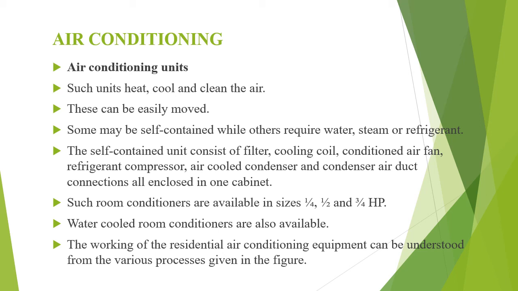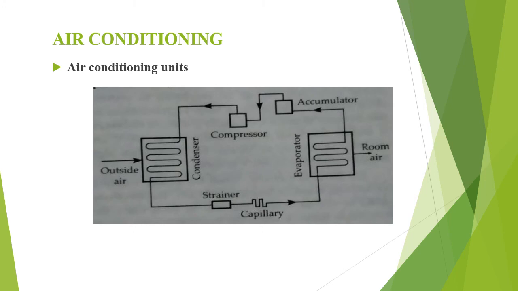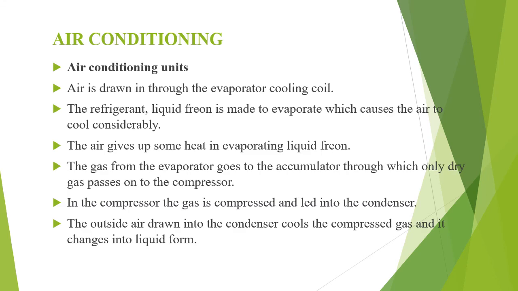The working of a residential air conditioning equipment is understood from the below figure. Here air is drawn in through the evaporator cooling coil. The refrigerant, that is liquid freon, is made to evaporate, which will cause the air to cool considerably. The air will give up some heat in evaporating liquid freon.